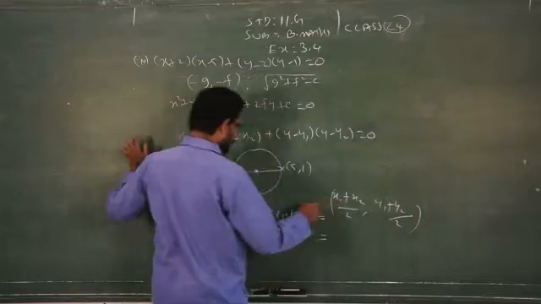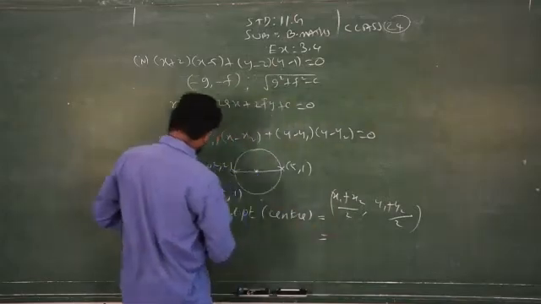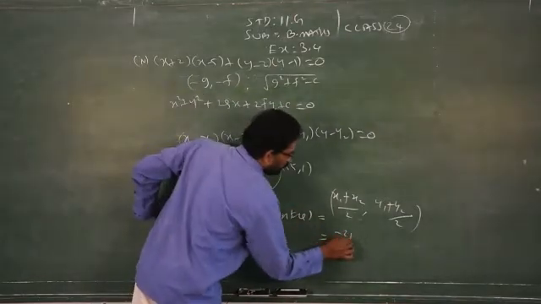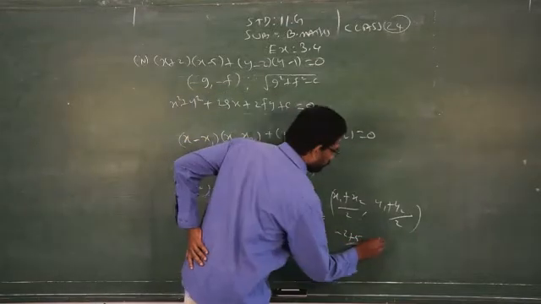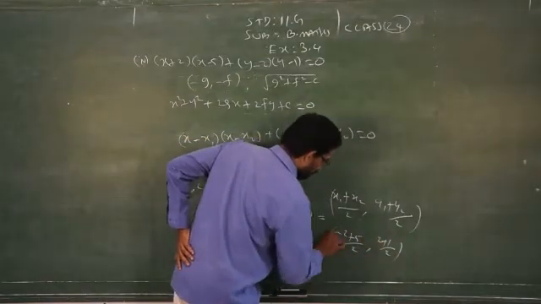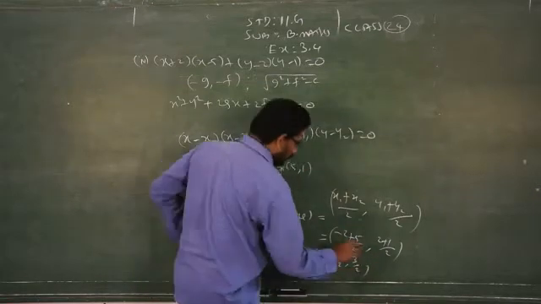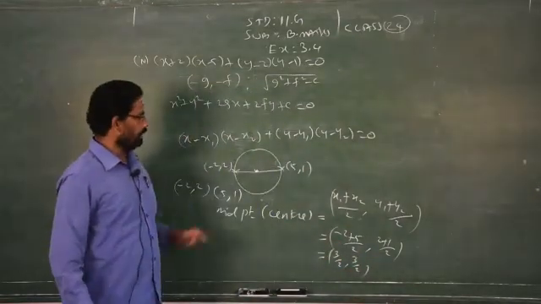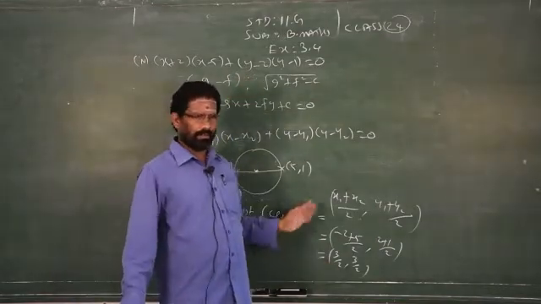So just replace: (-2 + 5)/2 and the next one (2 + 1)/2. So 3/2 comma 3/2. So I got the center. Clear. If you apply this method also you get the same answer. You try after this.